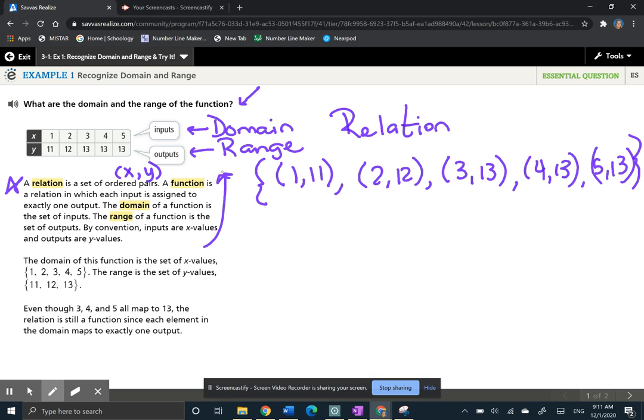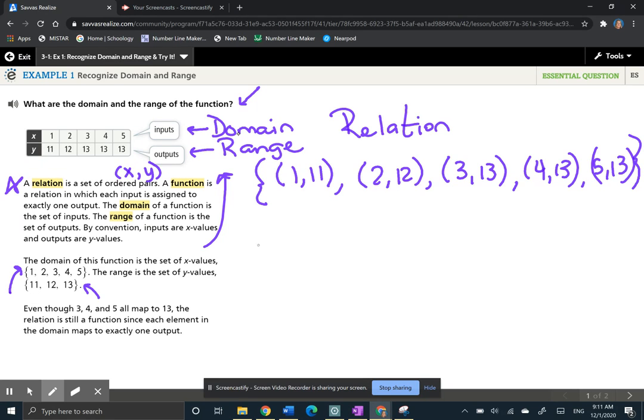The domain of this function is a set of X values, so 1, 2, 3, 4, and 5. Do you see how they're using these curly brackets right there? The range is a set of Y values, so these curly brackets, 11, 12, and 13.